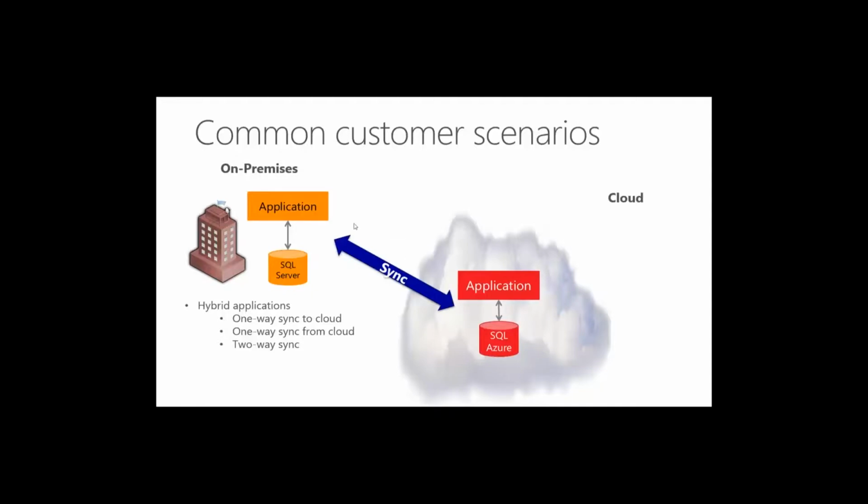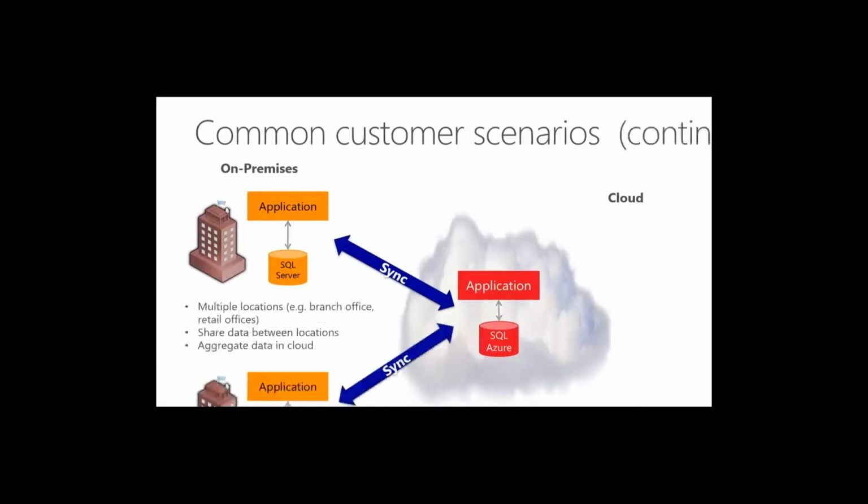And then you can offload reporting or have an application that's in the cloud hitting a SQL Azure database. And you can sync data in three ways, and I'll discuss that a little later. Okay? But now both the app and the database exist all in the cloud. So you have one single place to manage and maintain everything. Okay. So the next thing, you may want to synchronize or aggregate all data from multiple locations to the cloud.